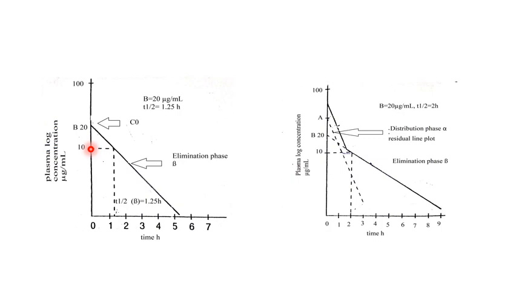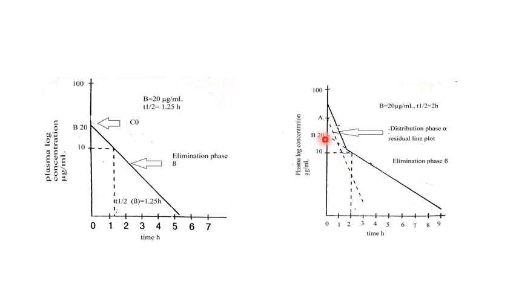We can draw a line from this point towards the slope of the curve, and then draw it towards the x-axis. The point where this line meets the x-axis is the half-life of that particular drug, because it is the time at which half of the maximum concentration was present inside the body. Similar is the case in this example.